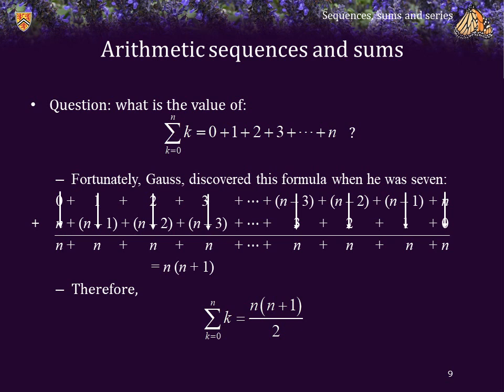So, for example, the sum of the integers k going from 0 up until 100 is 100 times 101 over 2, which is 5,050. All right, straightforward enough.